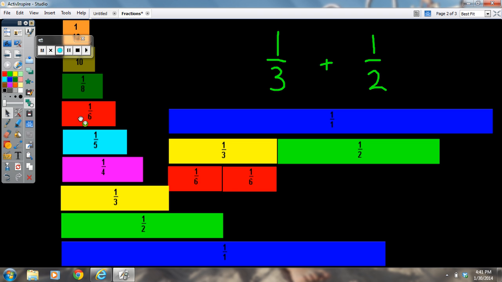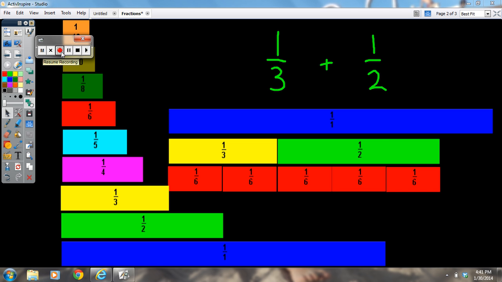And if we take 5/6 pieces, we can see that 5/6 is equal to the same length of 1/3 and 1/2. Therefore, our answer of 1/3 plus 1/2 is going to equal 5/6. And that's how you would use fraction bars to represent a sum of two fractions.